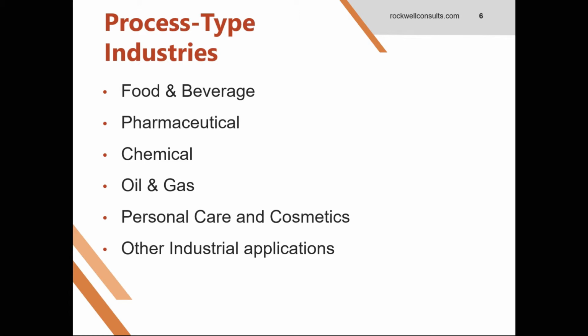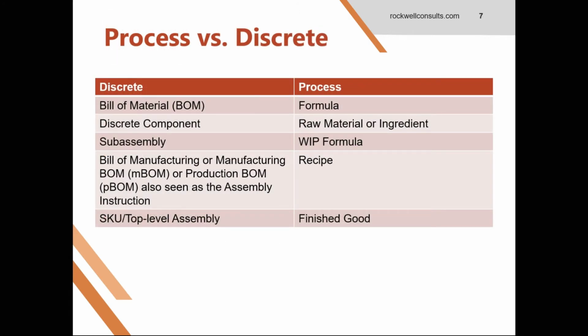The major difference between discrete and process manufacturing is most seen by the bill of materials being used in discrete manufacturing to provide the structure of discrete components needed for a particular product, whereas the formula is what is used in process manufacturing to indicate the raw materials or ingredients needed for a processed product.